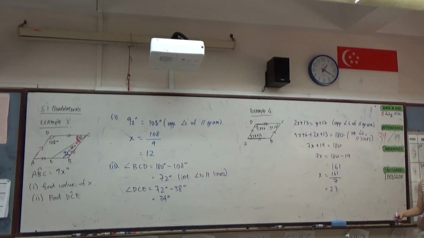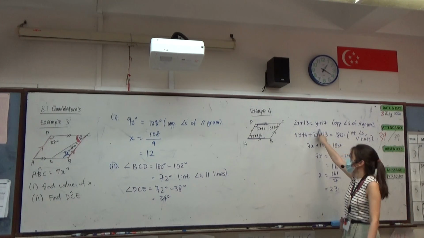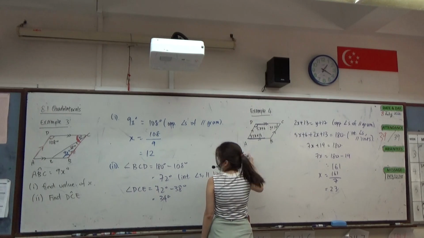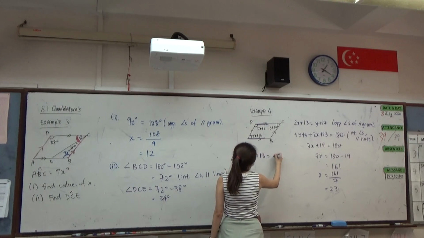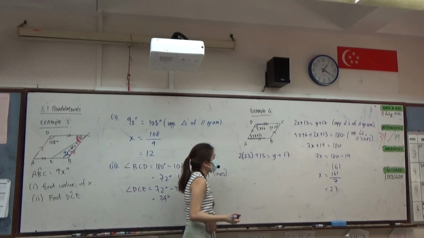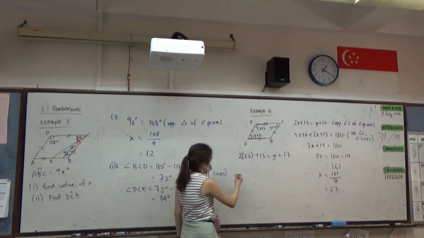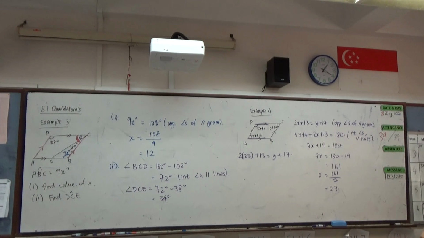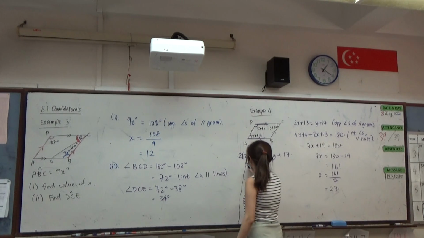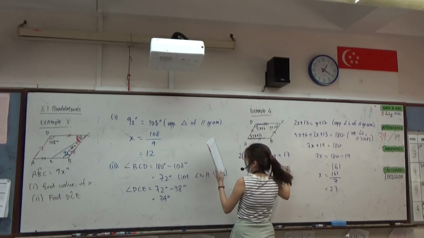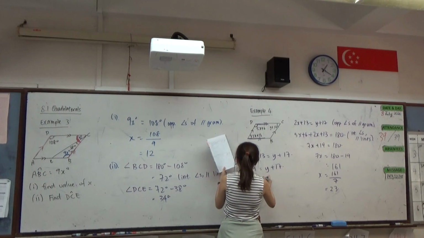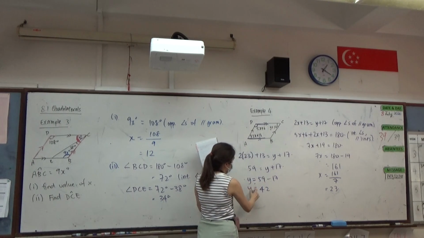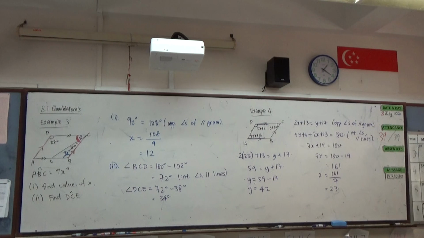Then we need to find y, and we can do so by putting it back into the first equation. So 2 times 23, plus 13, equals y plus 17. Then we solve, and this will be 59. So y is equal to 42. Right?